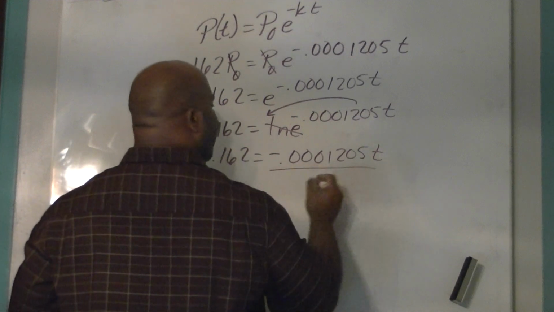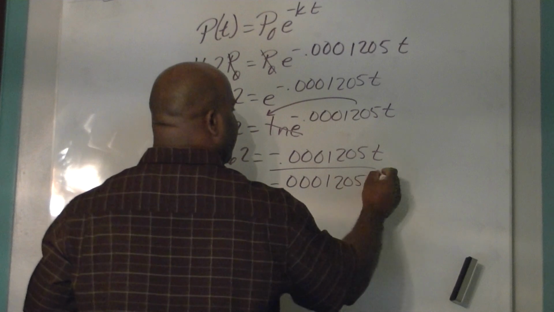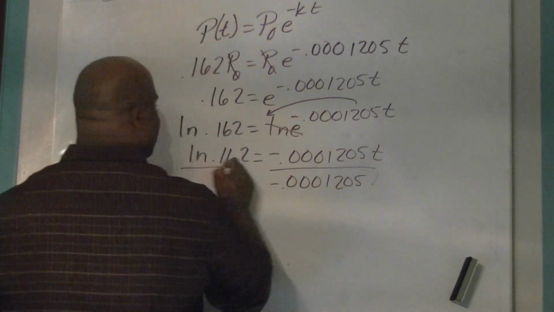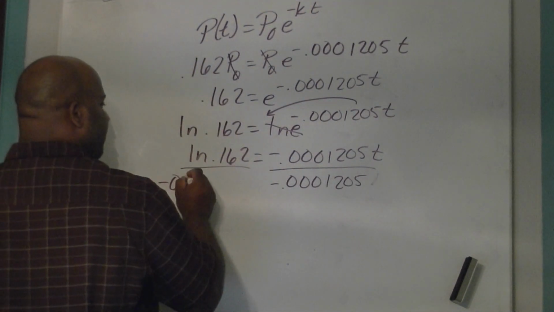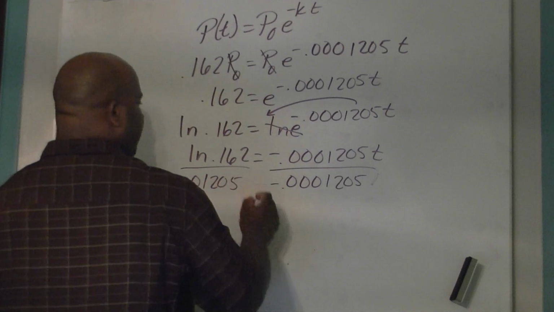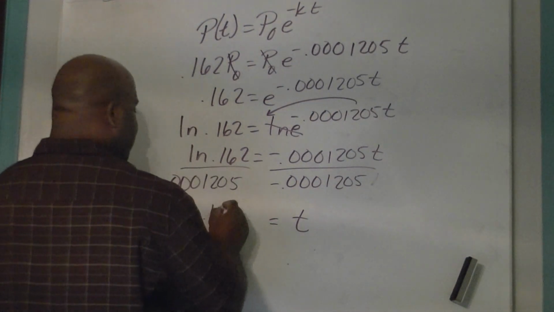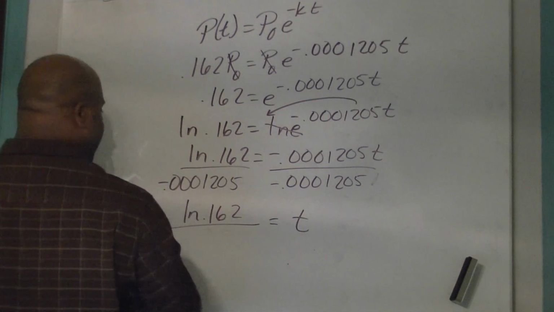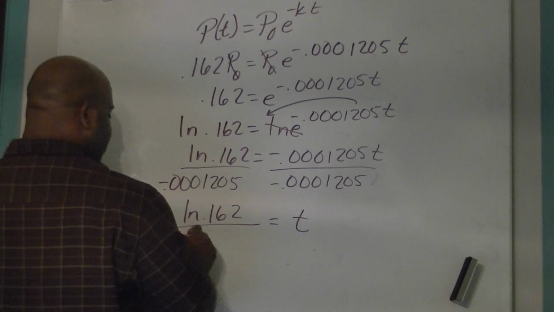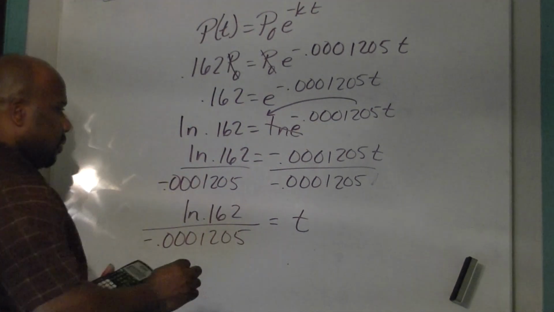Then we're going to divide by negative 0.001205 on this side, the same thing. And we get t equals natural log of 0.162 divided by negative 0.001205.